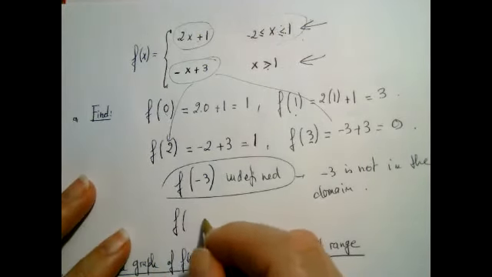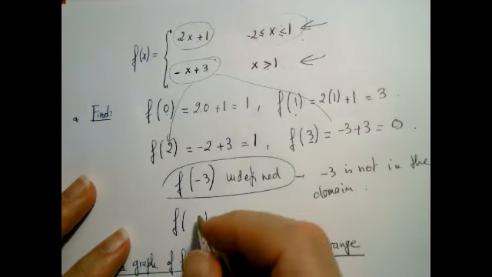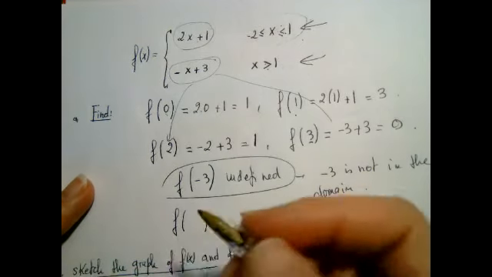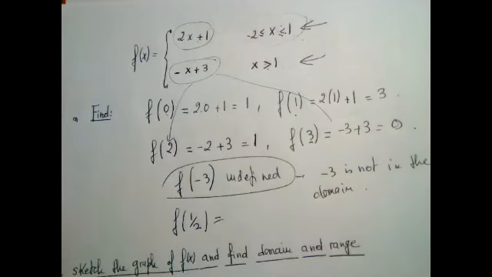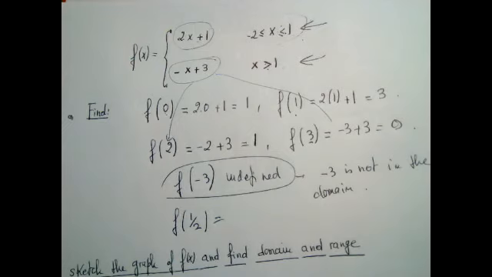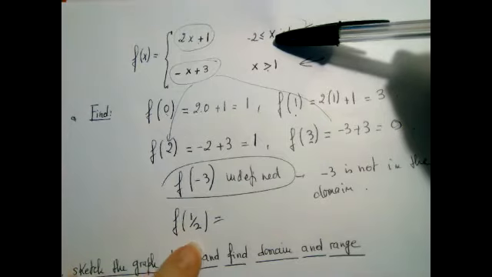So let me pick f of 1/2. Why not? What's f of 1/2? Please, all of you be part of it so you understand this. Again, you take 1/2 and you ask yourself, where is it? 1/2 is here.